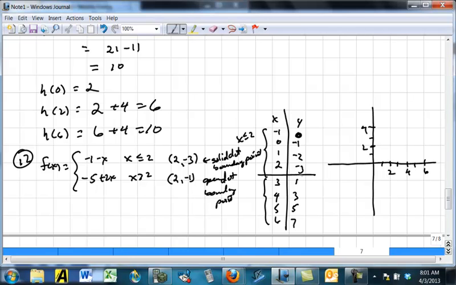So notice 2, negative 3 is going to be a solid dot, and that's a boundary point. The 2, negative 1, write the 2 up here. The 2, negative 1 is an open dot boundary point. 3, 1 is here. 4, 3 is here, and so forth.